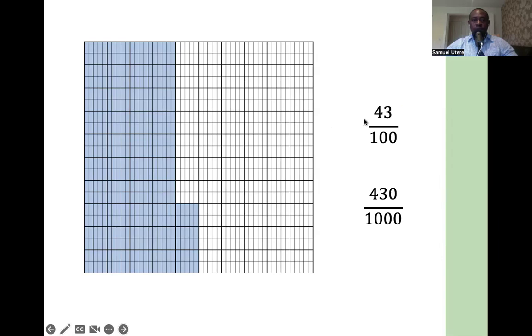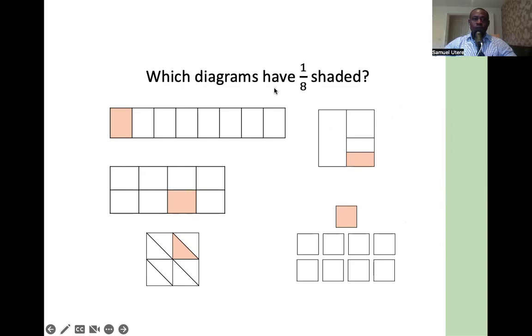Another way to think about it, remember, is making the numerator 10 times bigger and making the denominator 10 times bigger, which gets it to a thousandth. What about this one? Which diagrams have 1/8 shaded? Have a think.